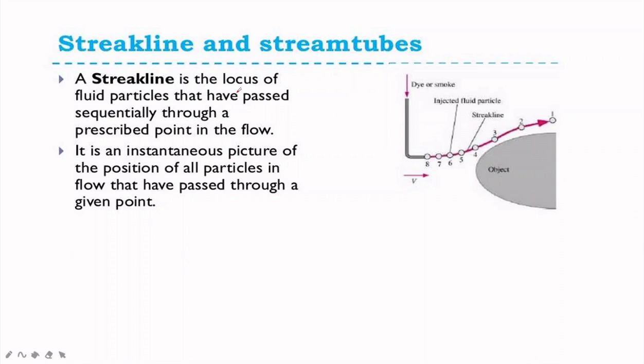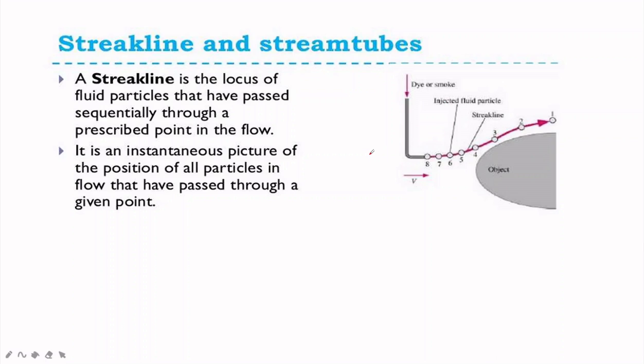So these are all loci, 1, 2, 3. It is injected fluid particles, and they have to move in this direction like this. Whenever we make the line, it's called a streak line.